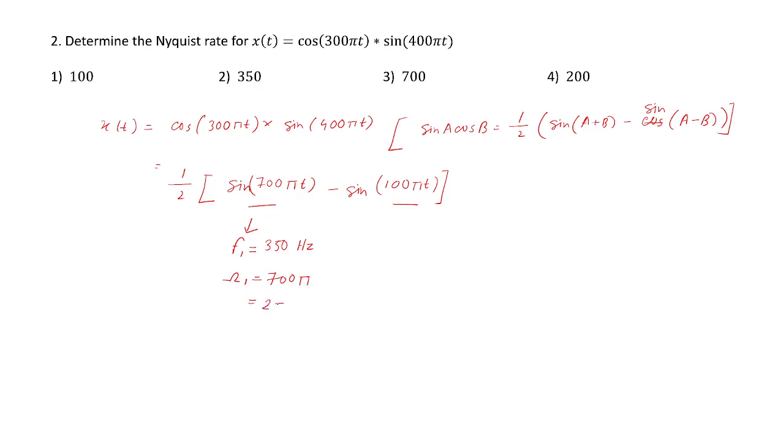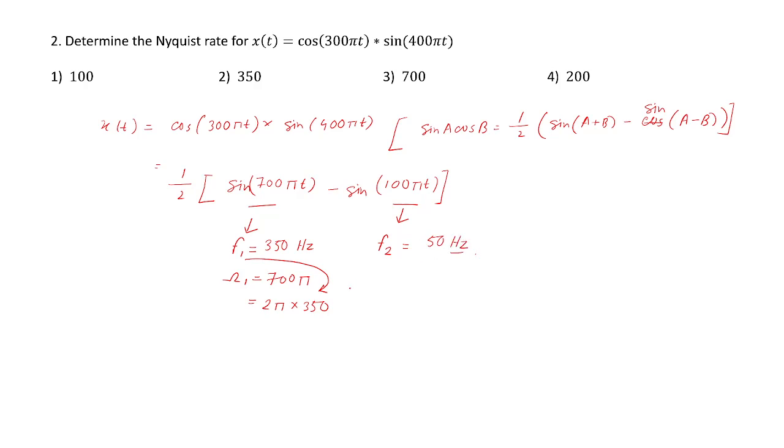That means basically it's 2 pi times 350. So your f1 is 350 Hz. At the same time, this second signal component has a frequency f2, which is given as 50 Hz.